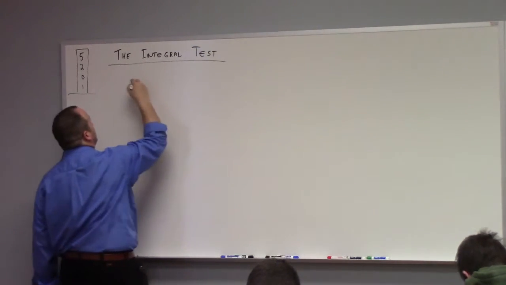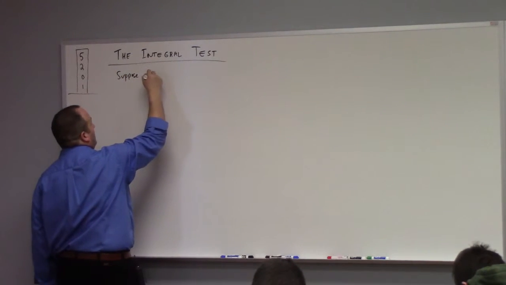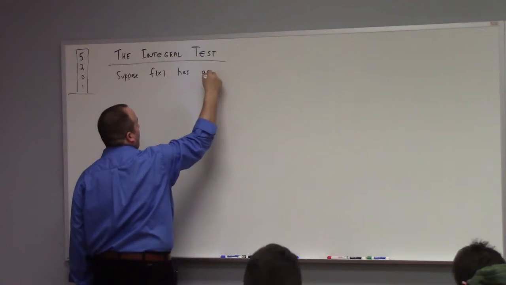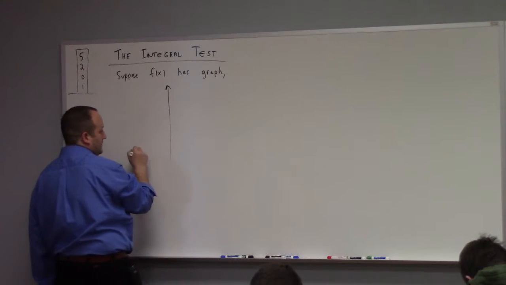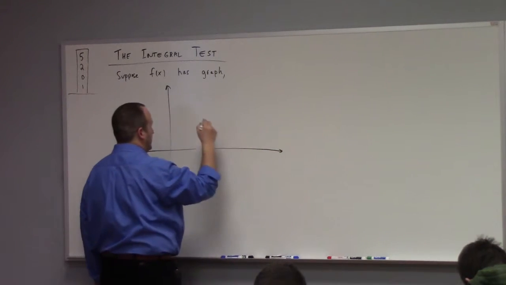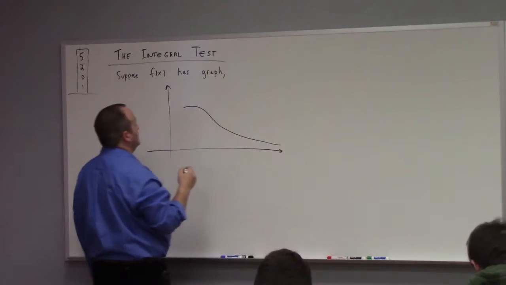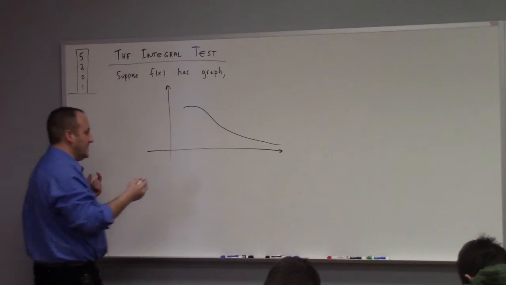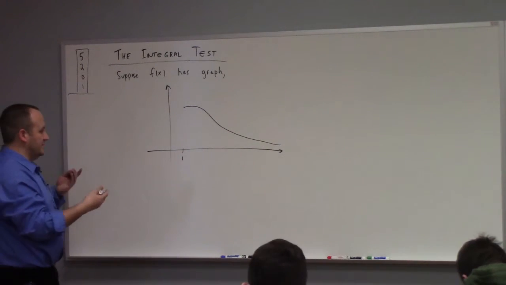So, suppose f of x has a graph that looks something like this. All right, so if the graph looked something like that, let's characterize this.